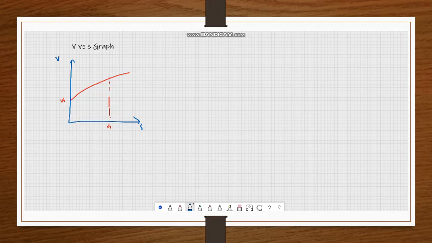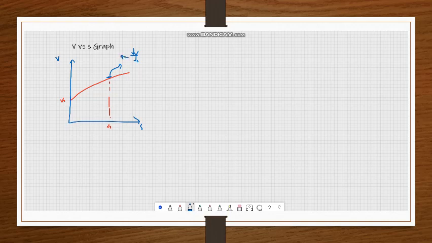If we take the tangent at this point, the derivative dv/ds, what is it going to give us? The acceleration, let's say a1.